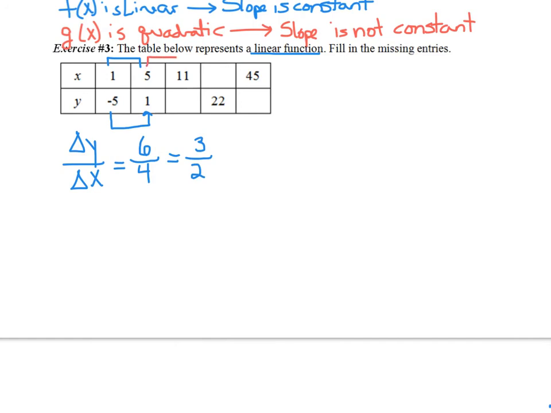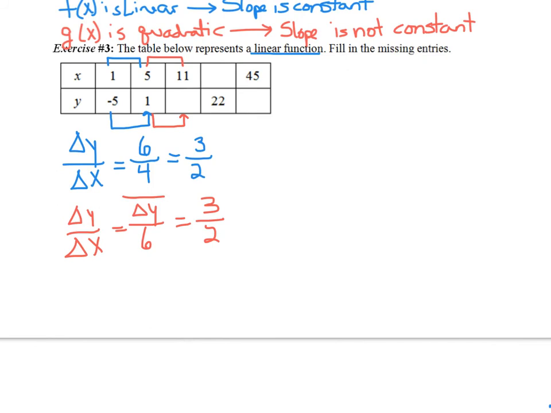Going from 5 to 11, I see the change in x is equal to 6. But if I look at my y value, I don't know what I have to change by, but I do know that altogether it has to work out to be a change of 3 for y and 2 for x.